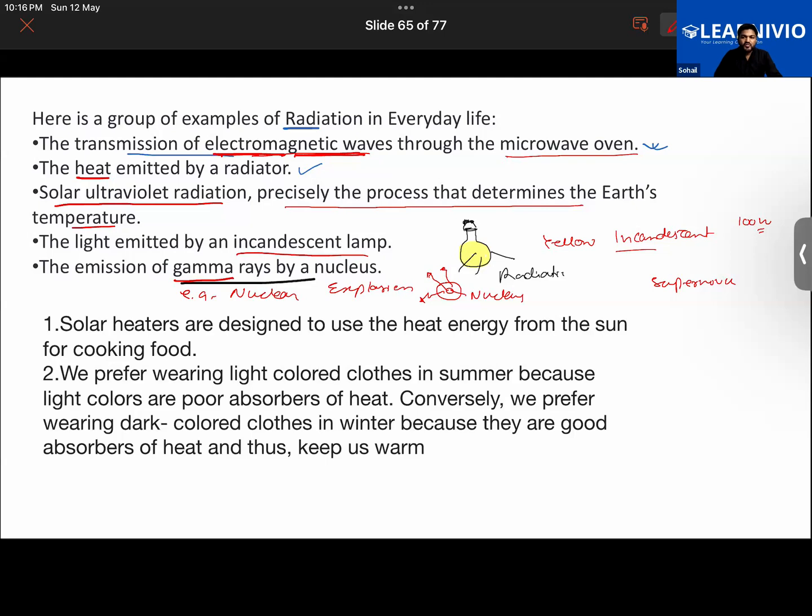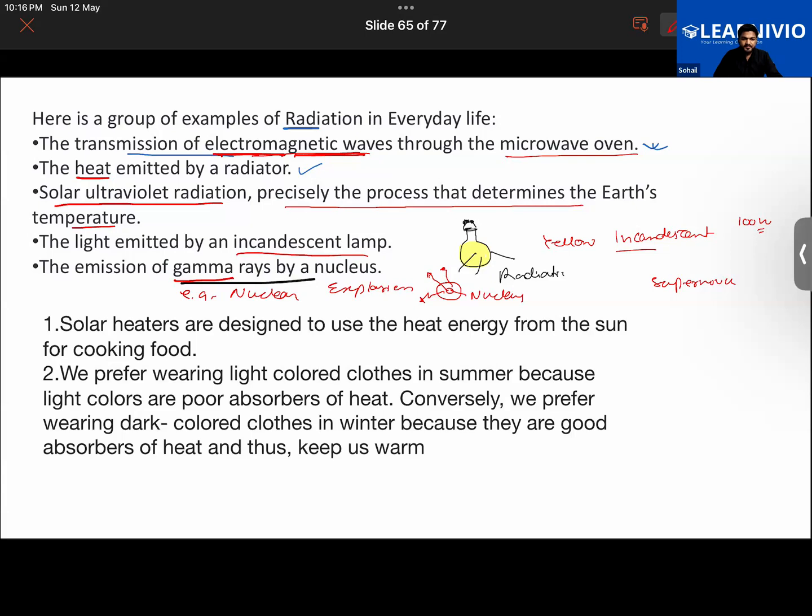At that temperature, anything that is close to the bomb will simply evaporate, even humans. That's the amount of heat that it generates. Where is that heat coming from? It is due to the gamma rays coming out from the nucleus.